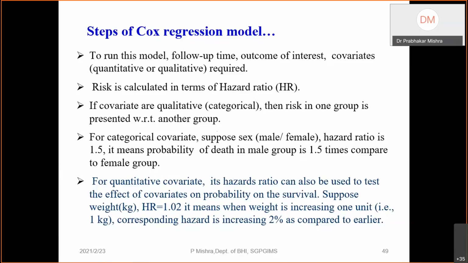It means when weight increases by 1 unit, meaning 1 kg, the corresponding hazard increases by 2% as compared to earlier. The hazard ratio is 1.02; always subtract 1, so it is 0.02, multiply by 100, so it is 2%. It means a 2% increase after increasing 1 unit in the independent variable.